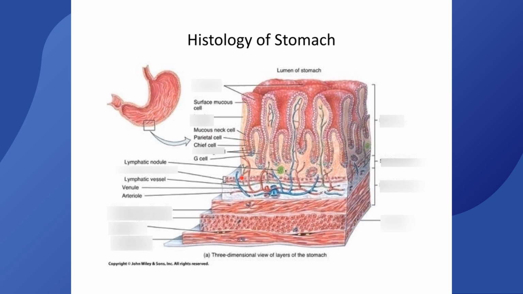And then underneath the rugae is going to be your circulatory system, and then here's those three layers of muscle we talked about in the last slide. And then the serous lining here on the outside. You can see as the stomach lining gets damaged, erosion will occur, and then perforation.